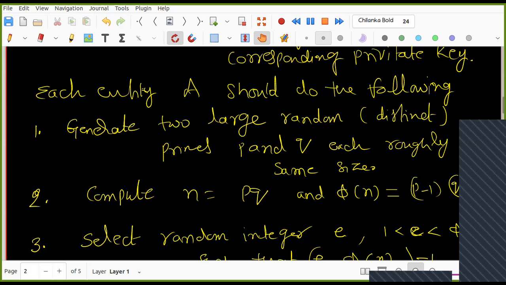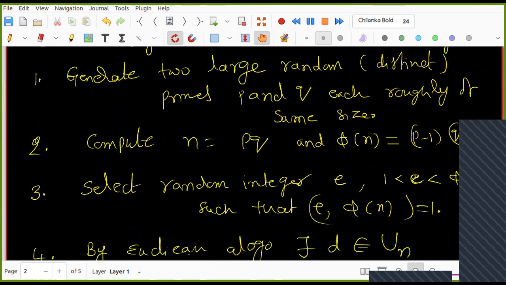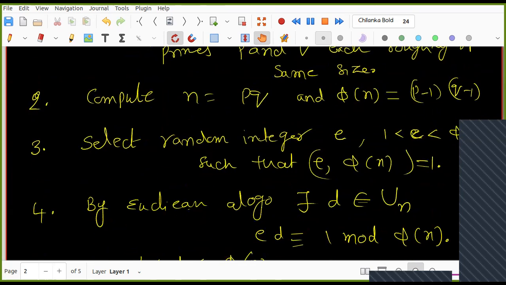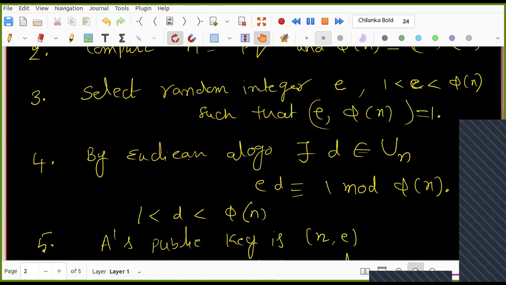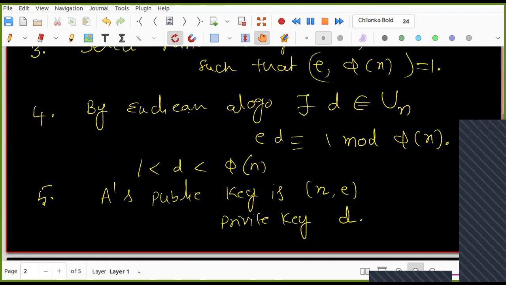First he chooses two big prime numbers of the same size and computes n equal to p into q, so phi of n equals (p minus 1) into (q minus 1). Then e is a number relatively prime to phi n, so you know there is an inverse d for it. Now the public key is (n, e) and the private key is d.